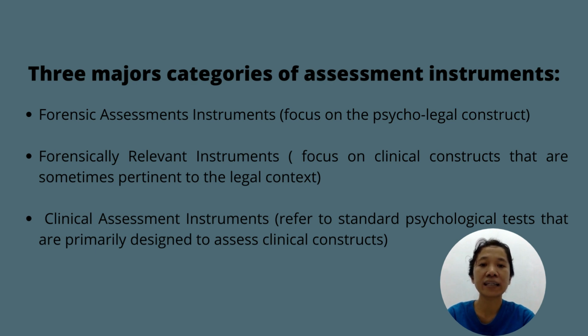Examples of forensically relevant instruments include those used to assess malingering and test-taking set, recidivism, violence risk, and psychopathy. Clinical assessment instruments refer to standard psychological tests primarily designed to assess clinical constructs such as anxiety, depression, psychopathology, and anger.